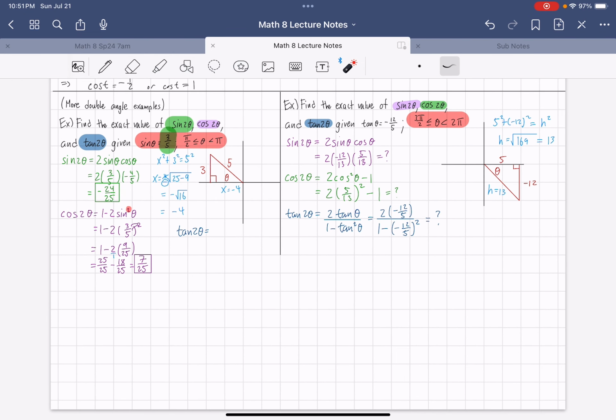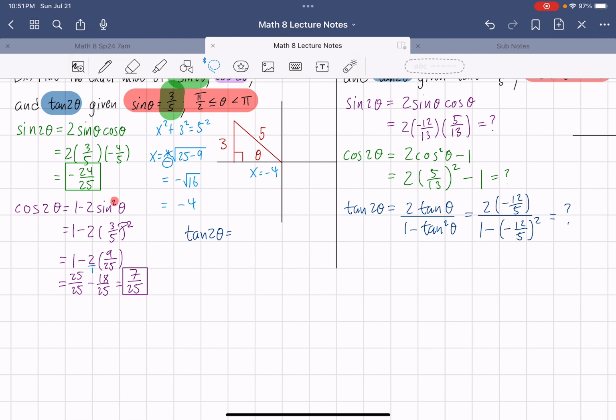So I'm going to stop the video here. And like I said, there's another portion, and that's looking at half angle identities.